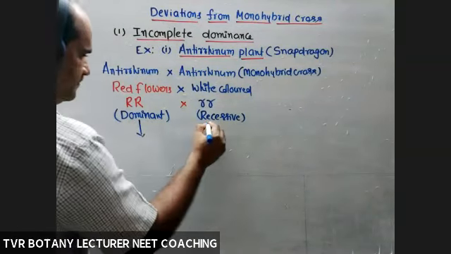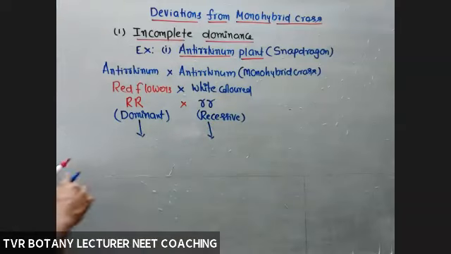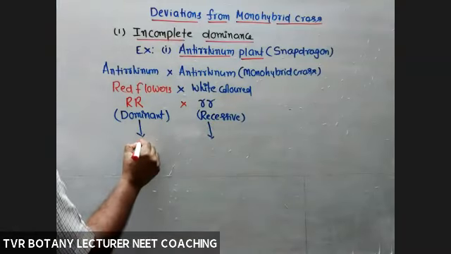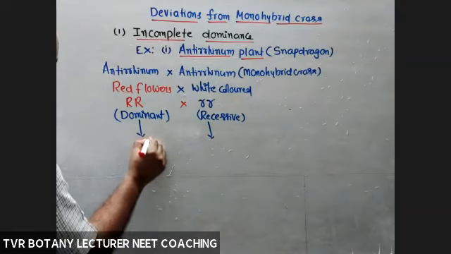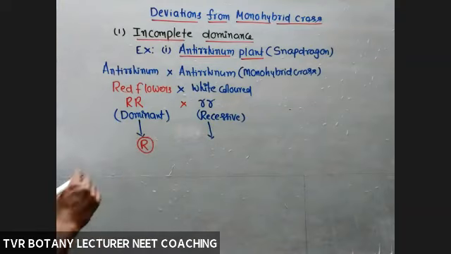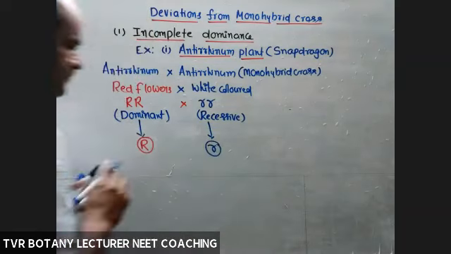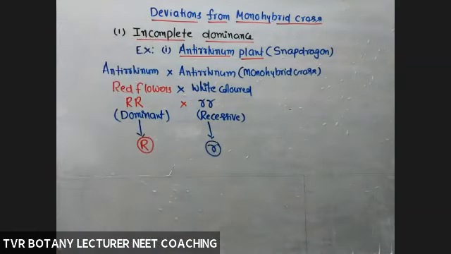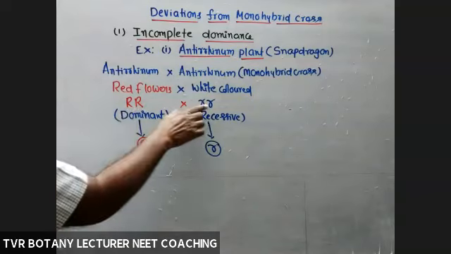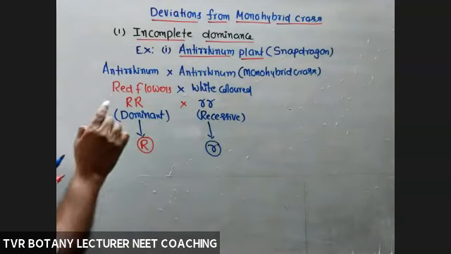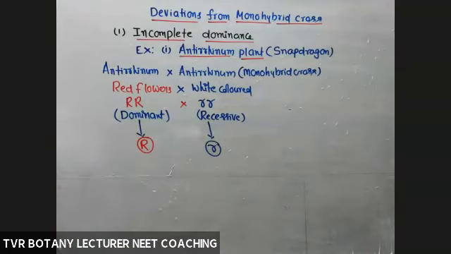Meiosis completed, gametes produced. Now each gamete is with a capital R here, small r here. Pure gametes. Here both are pure. The law of segregation is applicable to all organisms with meiosis.